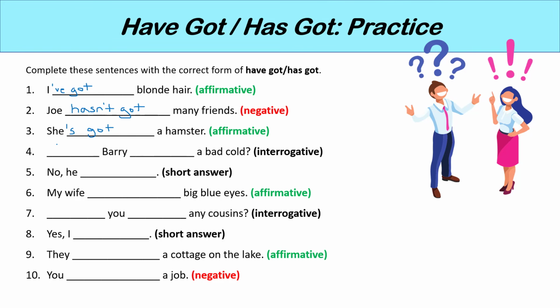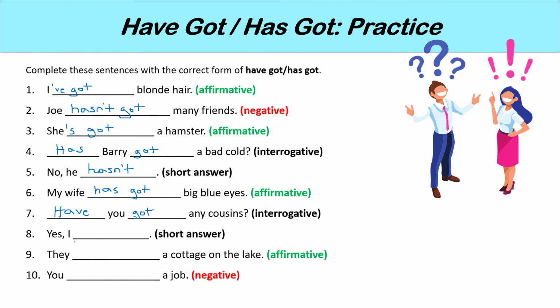Number 4, has Barry got a bad cold? And number 5, no, he hasn't. Number 6, my wife has got, or my wife's got, big blue eyes. Number 7, have you got any cousins?